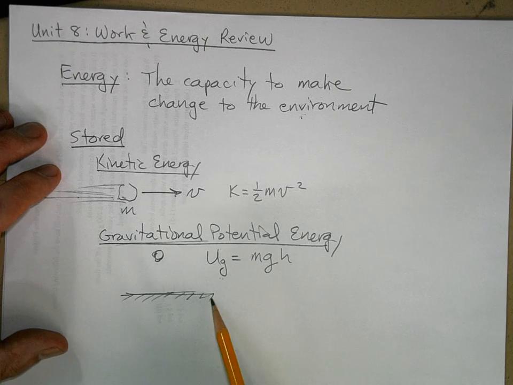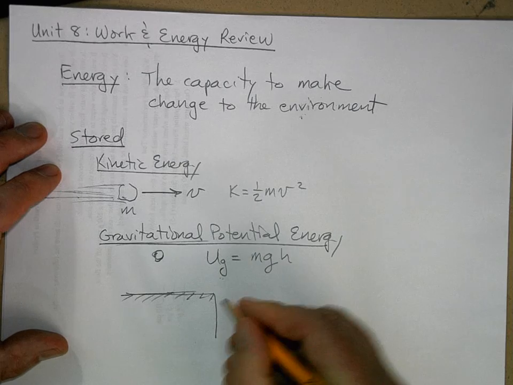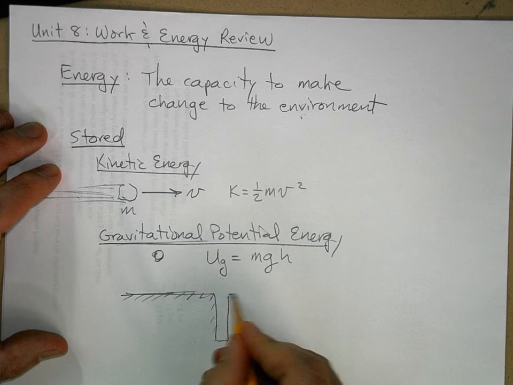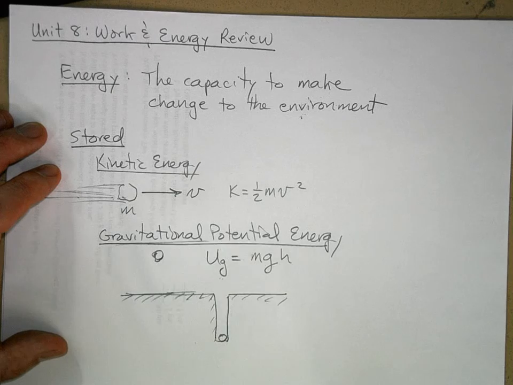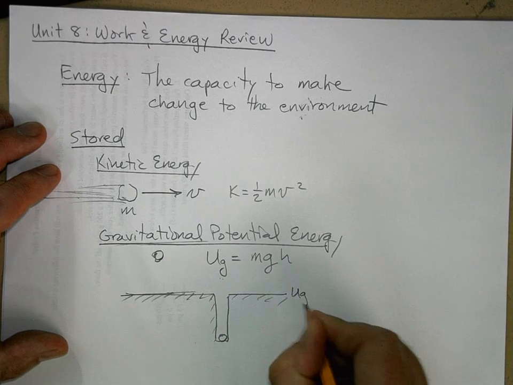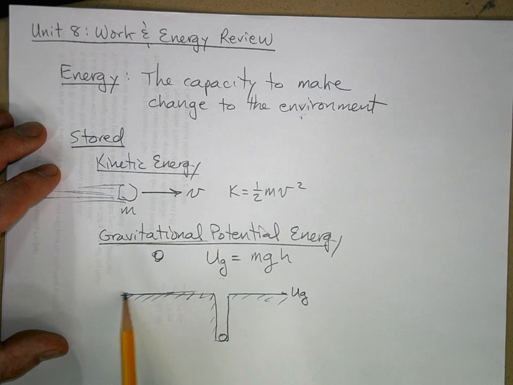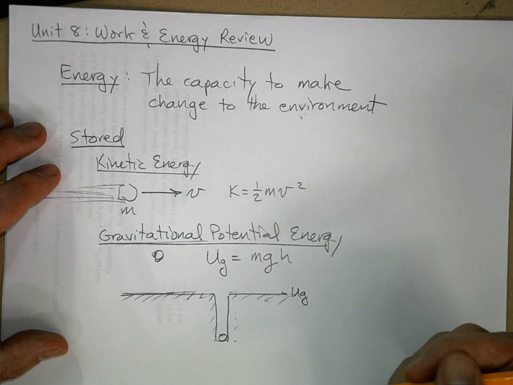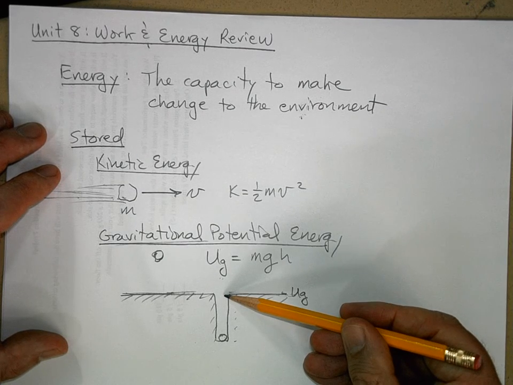Now, here's the one thing where gravitational potential energy can be negative. What if I have a hole in the ground? Like maybe I've thrown this rock in the bottom of a well. Maybe there's a rock down here in the bottom of the well. Well, if we say that gravitational potential energy is 0 at the ground right here, and we're below the ground, just to get to 0, gravity's going to do negative work, right?